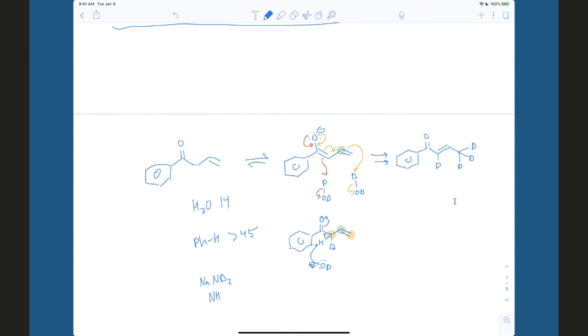Oops, I can't even draw deuterated ammonia. My hand won't let me. I have never seen those reagents before, because this would be a very strong base. And maybe that would be able to actually deprotonate a benzene CH bond.